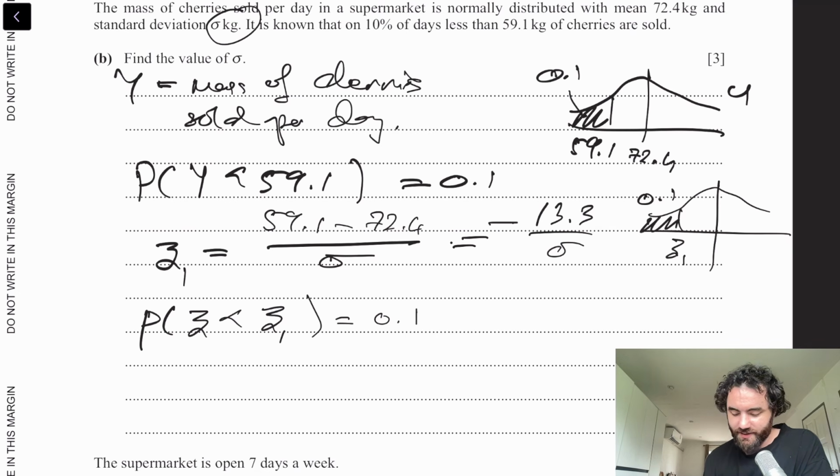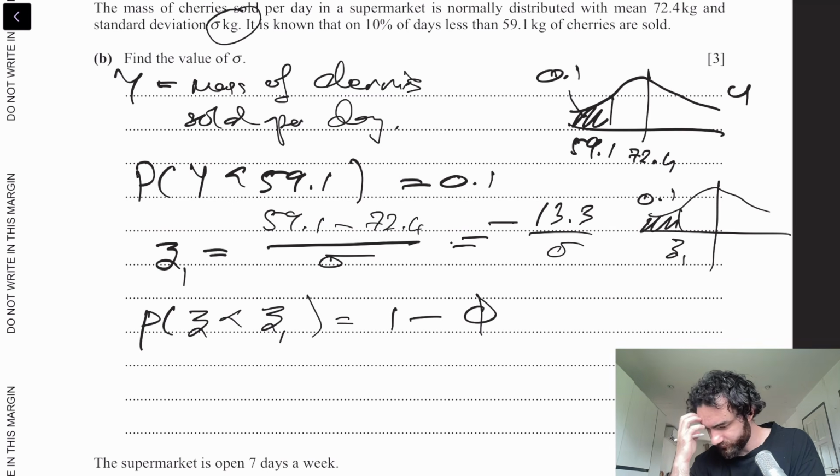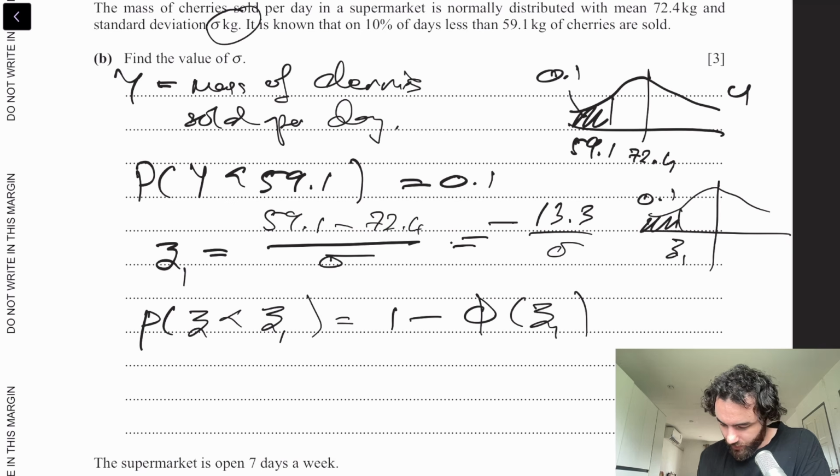But if we want to find that on our table, we'd have to say it'd be 1 minus the probability of Z less than minus Z1, since Z1 is negative, to make this thing positive. 1 minus that would be 0.1.